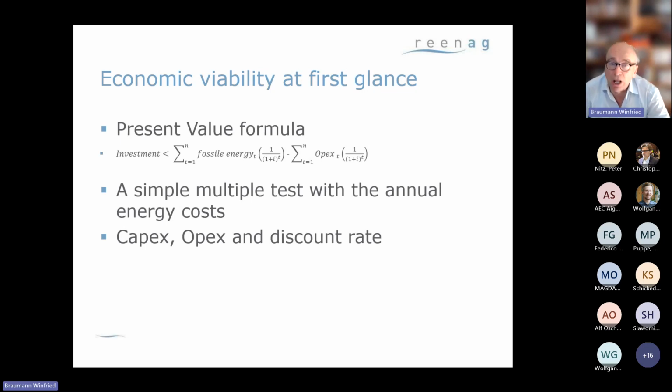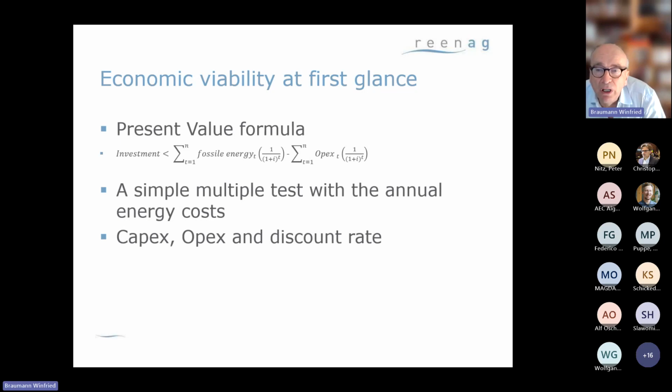So if the new plant has an economic lifespan of 20 years, then the savings on fossil energy within these 20 years must be higher than the investment costs of the plant. In the present value formula, the interest rate also has to be taken into account, which expresses the cost of raising capital.